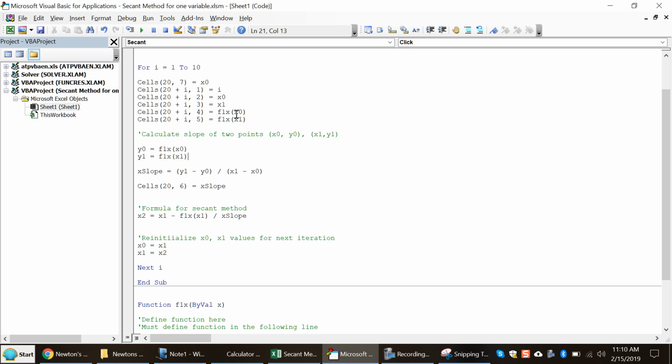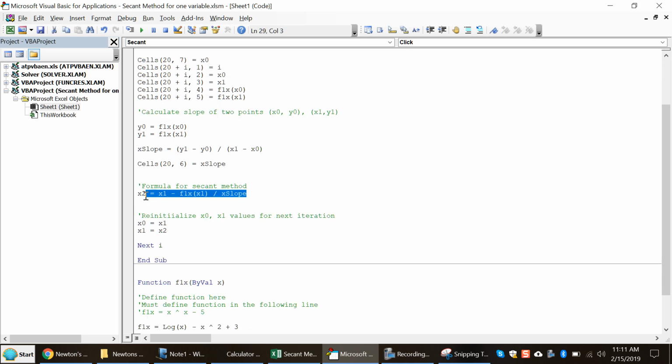This is just my y values. So basically, just this and this value, I'm just storing into y1 and y0. Okay? I mean, why not do that? It's simple. Okay? This is just calculating my slope, which is just the difference of the x's divided by the difference of the y's. Right? This is just exporting the slope on my spreadsheet somewhere so I can see it.